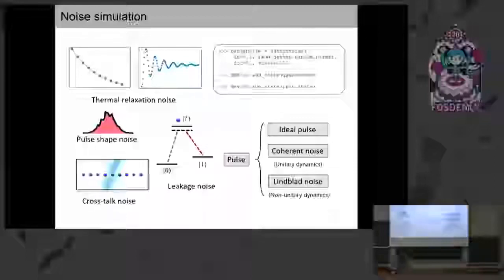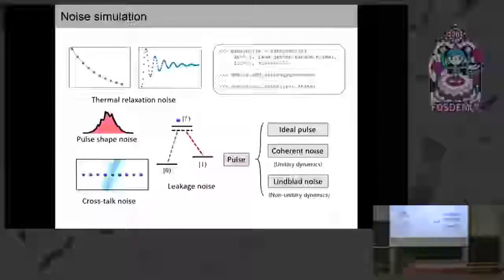There's also this so-called leakage noise. Basically we always imagine our qubits to be a two-level system, that's why I call it a bit. But in fact, even in a simple atom, there are infinitely many energy levels. So we just pick two of them to use as our qubit.